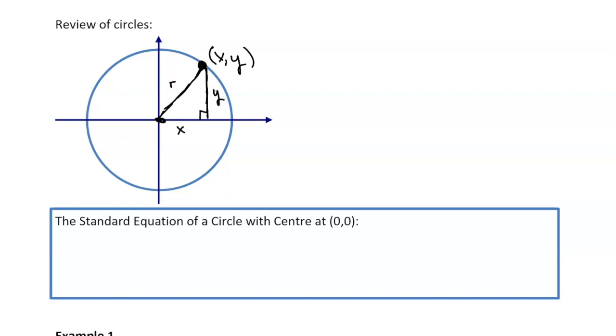If we wanted to think about what that would be as a Pythagorean statement, you could say something like this: x squared plus y squared is going to equal the radius squared. And that's going to be true any time you have a point at 0, 0. Now, that's our basic shape, and we haven't translated it away from the origin.